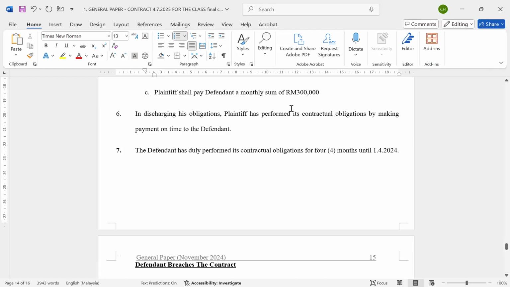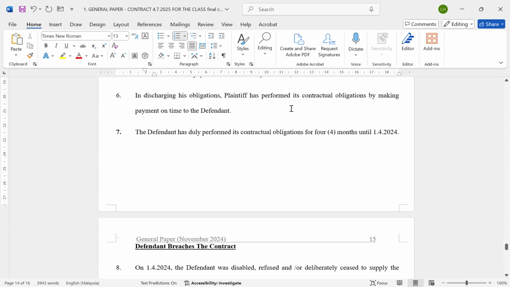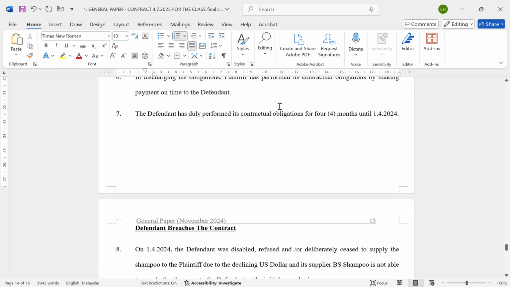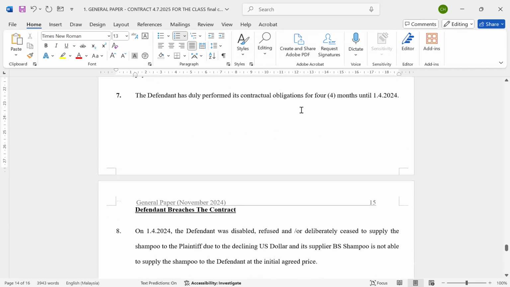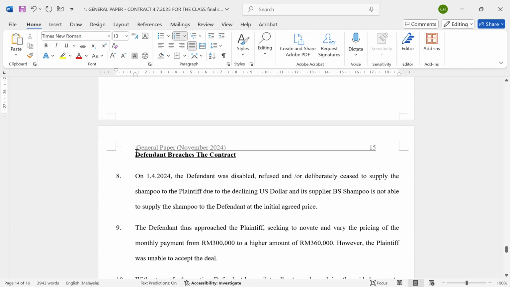So how he discharged his obligation is that plaintiff has performed its contractual obligations by making payment on time to the defendant. Okay. Then you must highlight the defendant has duly performed its contractual obligation for 4 months until 1st of April 2024. Okay.